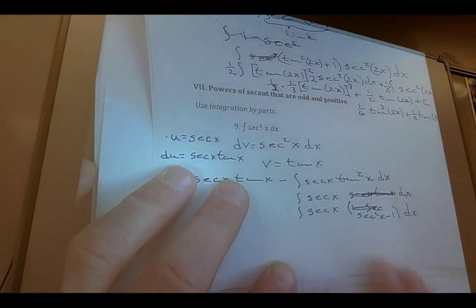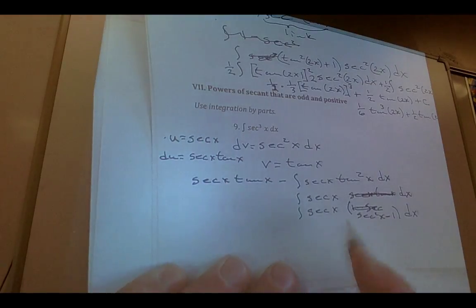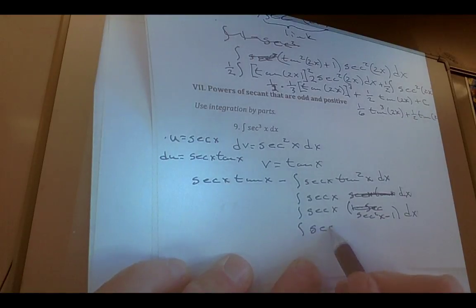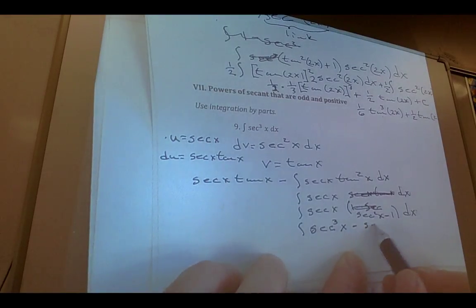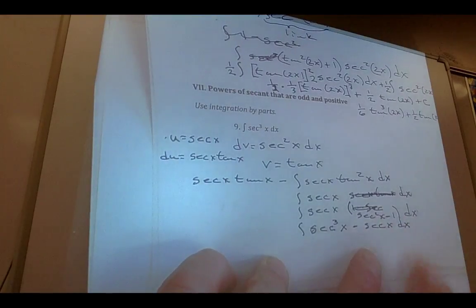Okay, now what am I going to do with that? I'll get secant cubed x minus secant x dx.